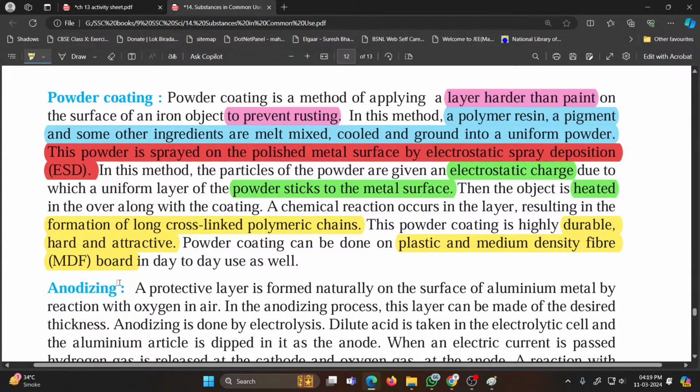Then the article is given electrostatic charge so that the particles of the material, that is the resin and pigment, stick to the metal surface. Then it is heated, in which cross-linked polymeric chains are formed. This powder coating can also be done on the plastic and MDF boards.